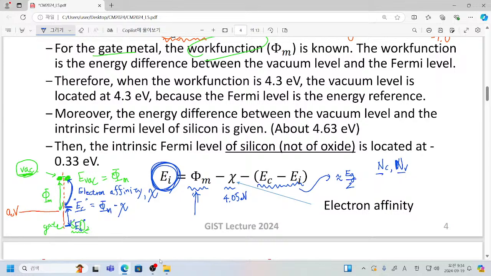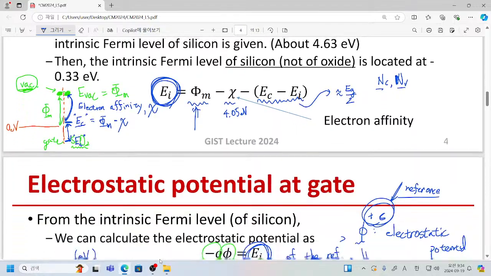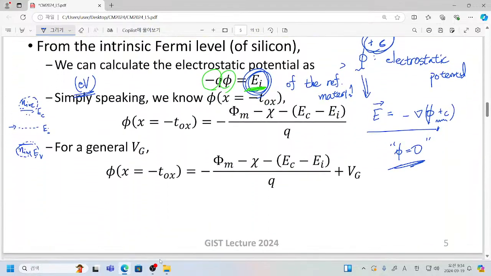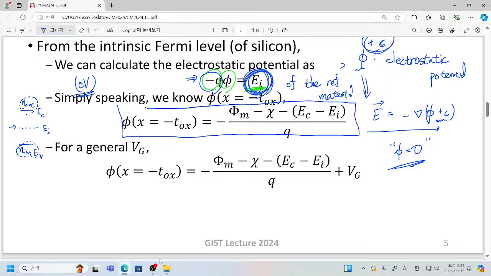So from all of these calculations, now you can exactly calculate the EI level, the intrinsic Fermi level of your reference material silicon. Then when you know this intrinsic Fermi level, by applying this convention, what you have to do is just take minus Q. So you will have this expression for your electrostatic potential.